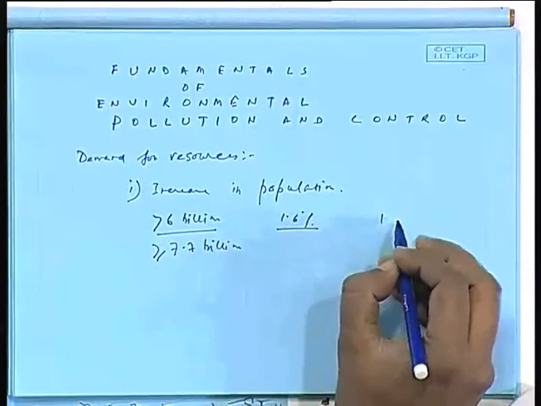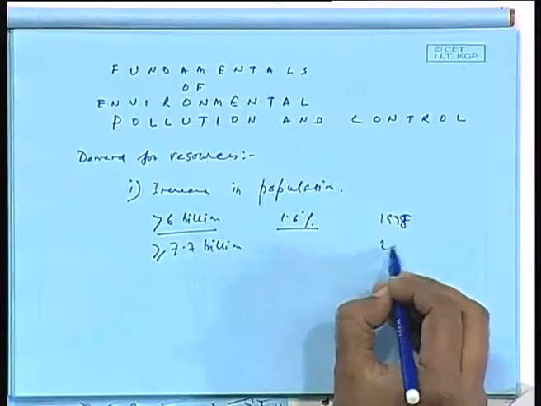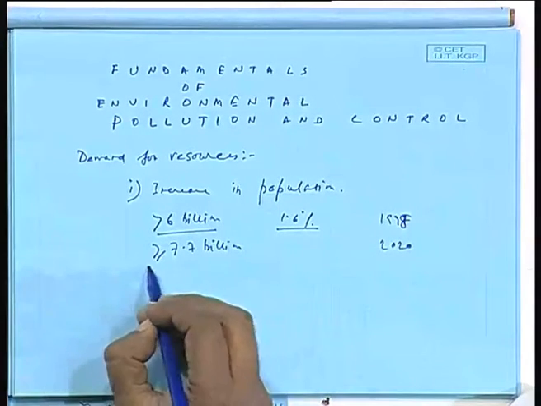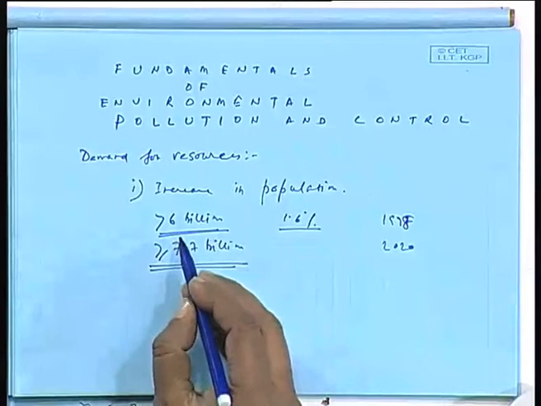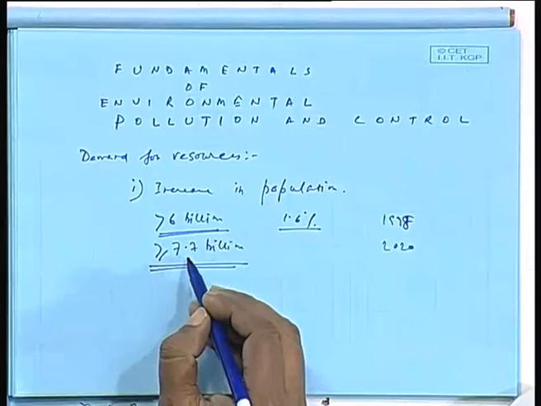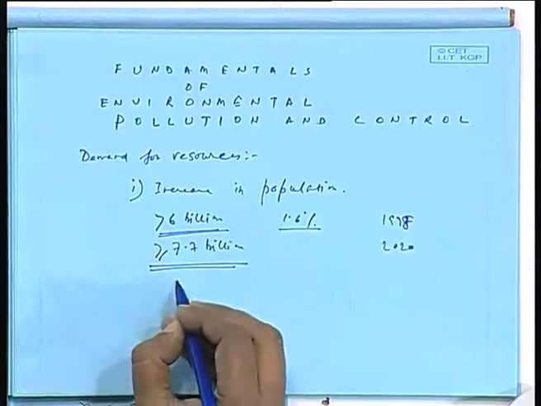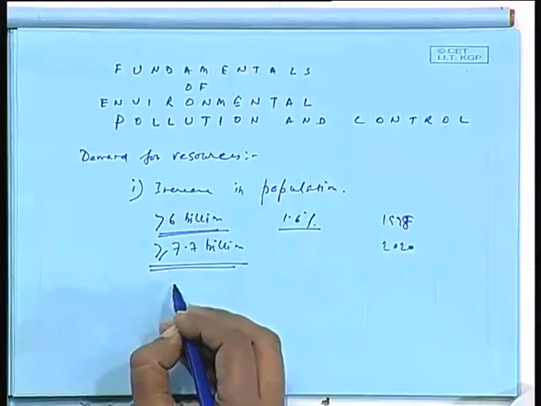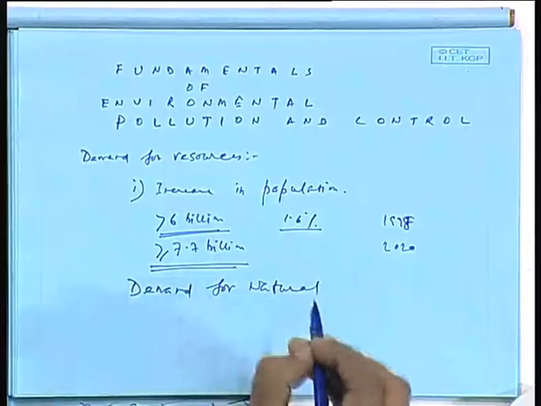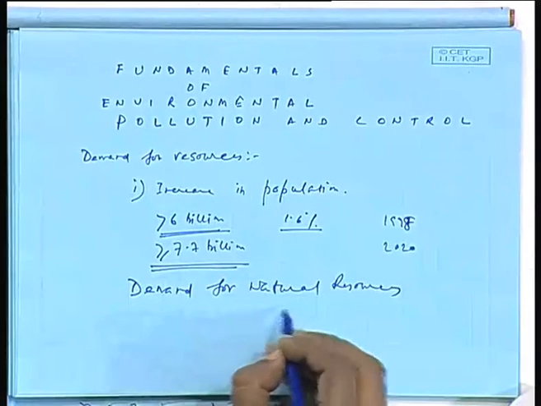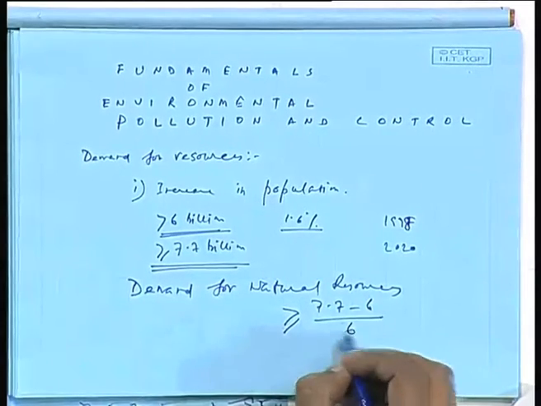This is a 1997 or even 1998 figure, and this is 2020. One thing for all of you to understand is that this much increase would lead to more than the percentage change in the population. The demand for natural resources would be more than or equal to (7.7 minus 6) divided by 6.